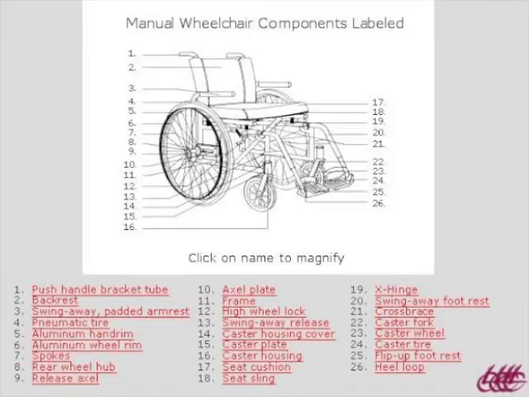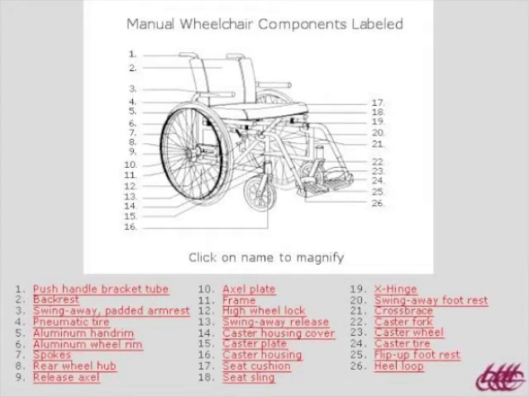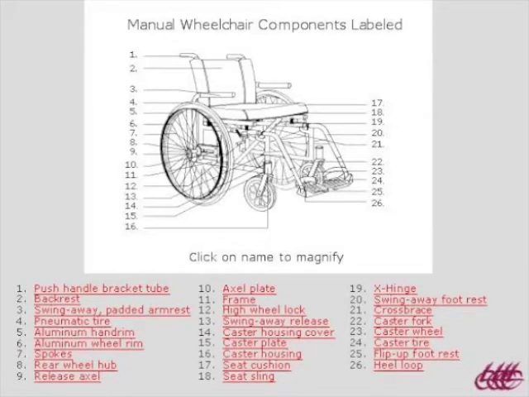PTA 112 has some really interesting topics in it. We're going to learn about wheelchairs to start out with. There are a lot of different styles of wheelchairs. You're going to learn the basic components of a standard wheelchair, how to fit a patient to a wheelchair, and how to make recommendations.